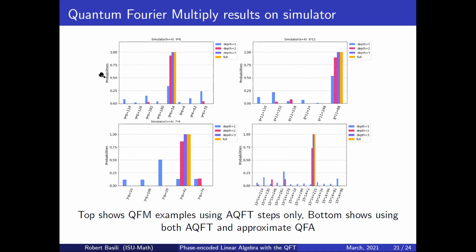Once again, the top is showing where I only apply the AQFT, the approximation in the QFT steps, whereas on the bottom I do both the QFT and the addition steps. Recall, these are inside this quantum multiply, because quantum multiply is just repeated addition. These are two different steps of approximation I can do, and I wanted to take a look at what changes from one to the next.